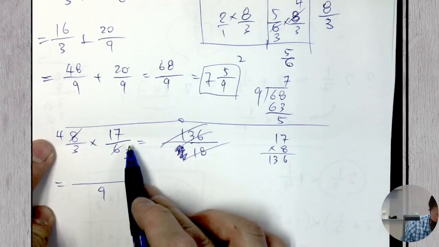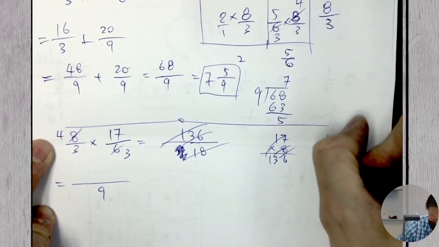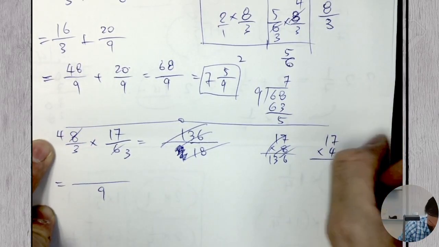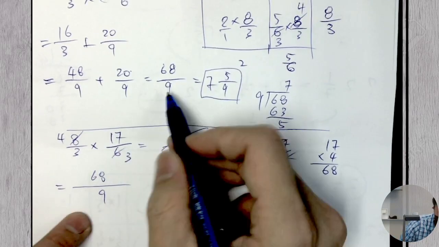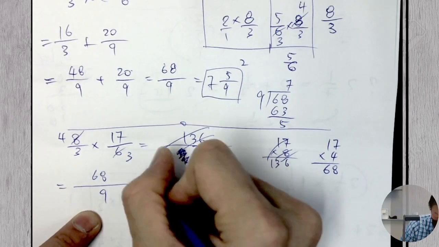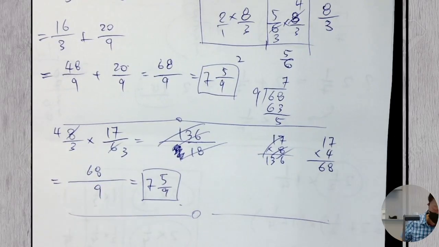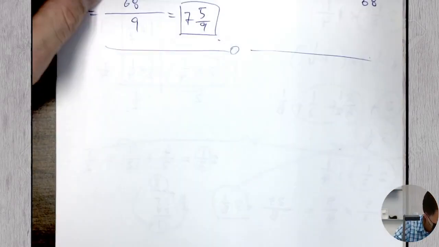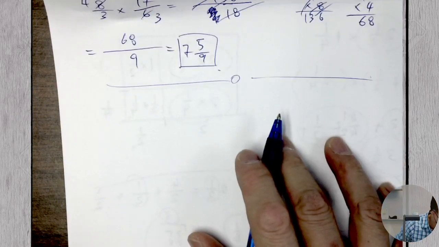Okay, so 4 times 17, 17 times 4, 68. Now there we go. So I have 68 over 9. This should be 7 and 5/9. All right. Good thing I caught the mistake. If this seems to be a little bit fast, here's the video. Go back to it.